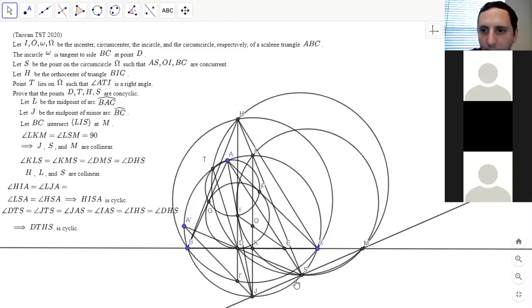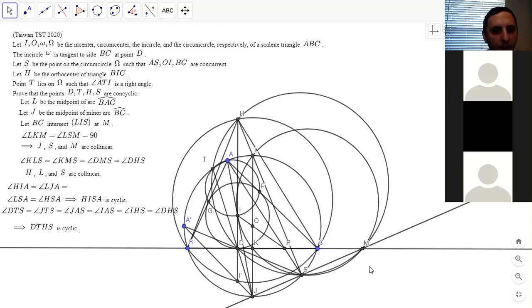So since LSJ, yeah, I don't see that we use too much about point I. But where did we use point T? We had to do something with point T, right?